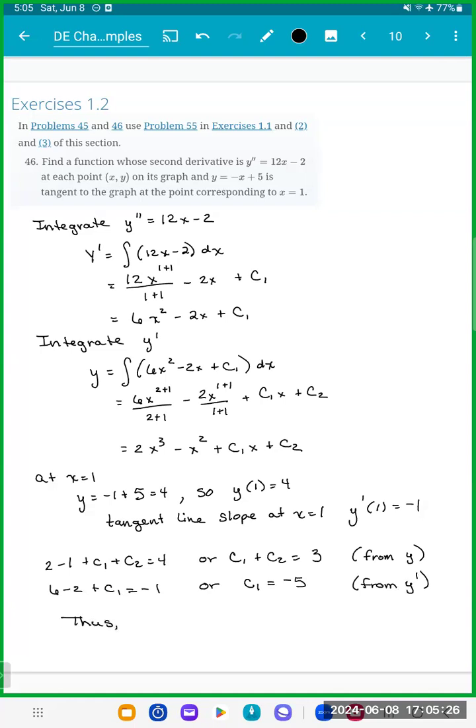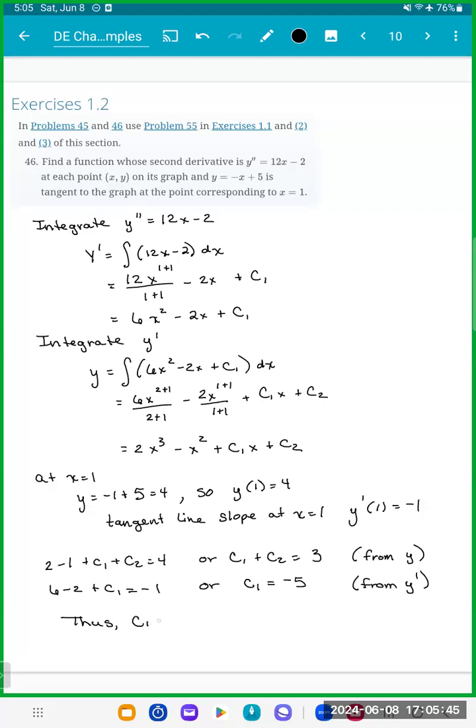Thus, we can say that since C1 equals -5, C2 is going to equal 8, right? So we could just plug that -5 in for C1, add it to both sides, and we'll get that C2 is equal to 8.